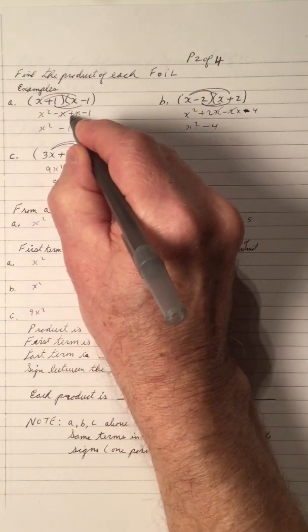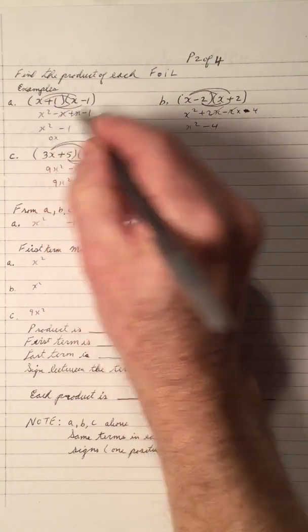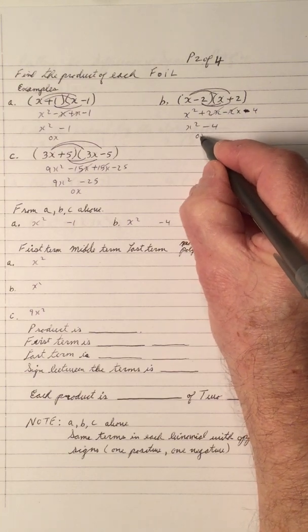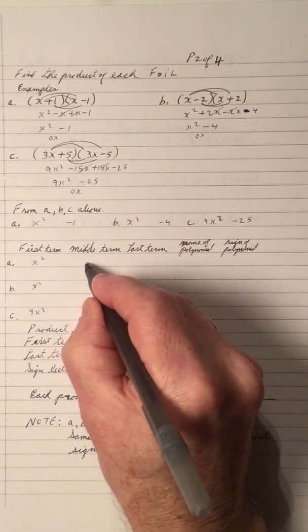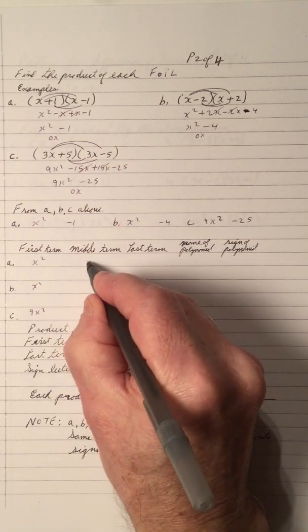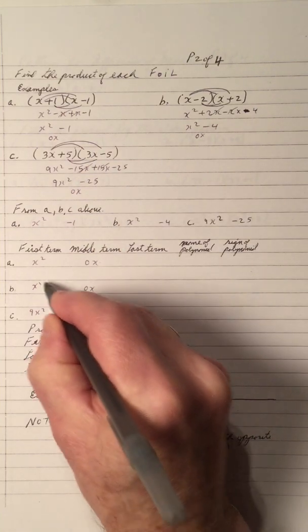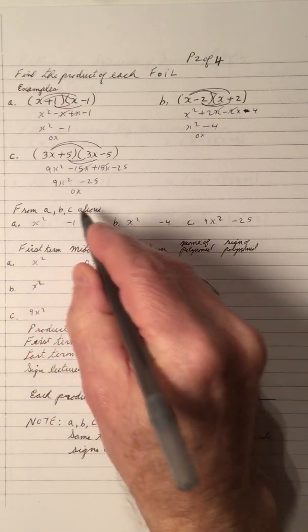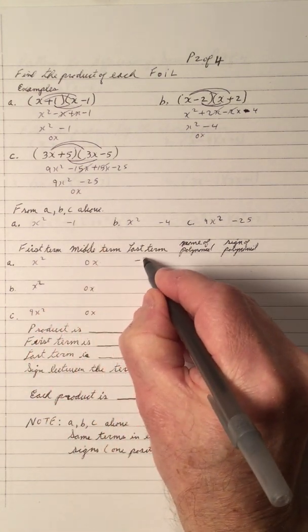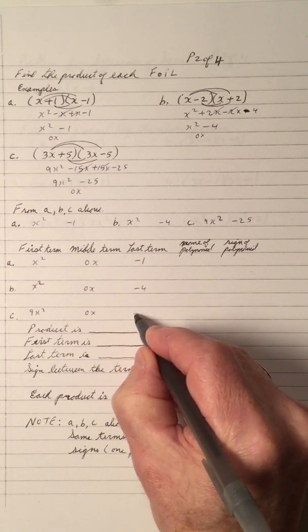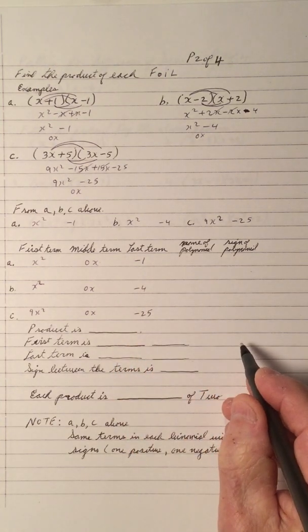When you added these, that's a 0x, but I didn't write it in. When you added these two, I had a 0x, but I never put it in. So the middle term in all of these is a 0x, but I didn't write it down. And the last term was a negative 1, a negative 4, and a negative 25.